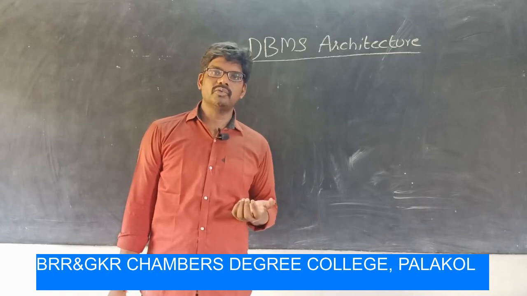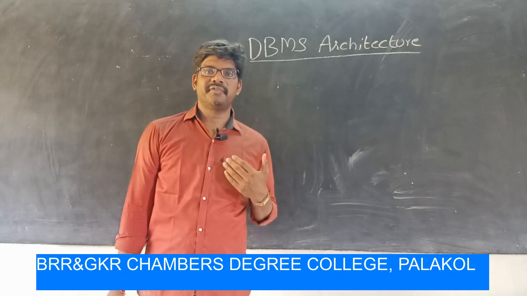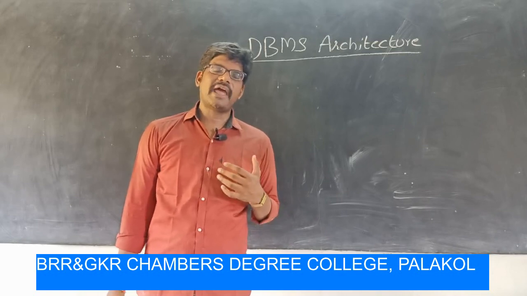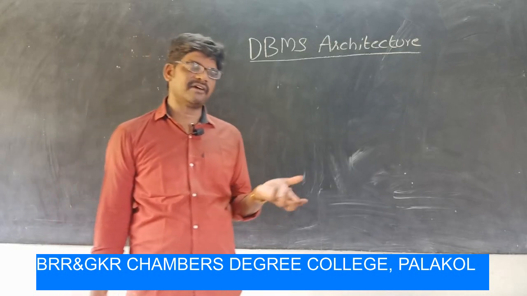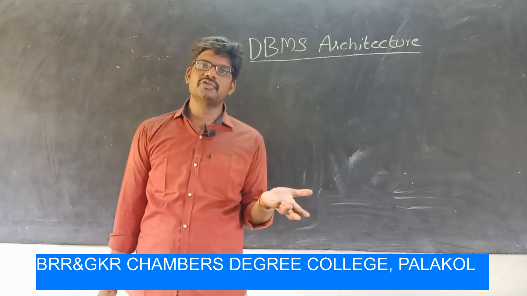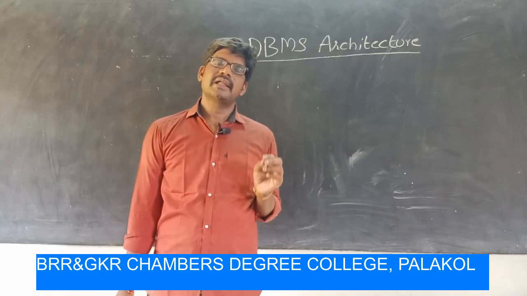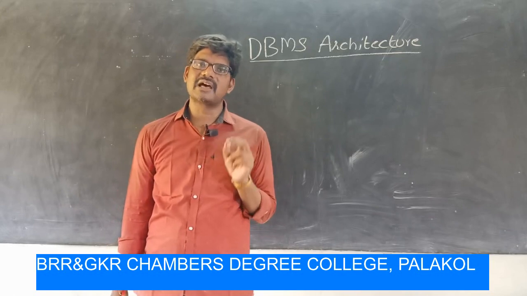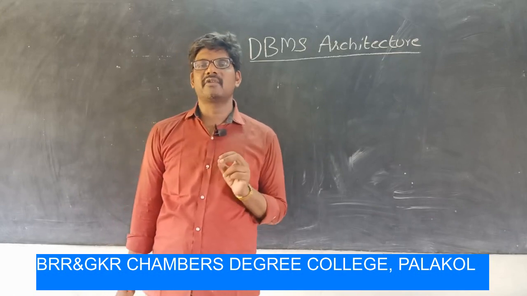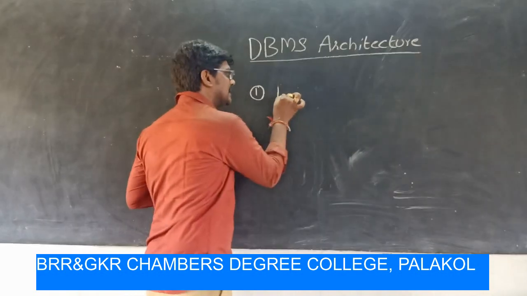We have to select the correct database architecture for quick and secure access of data. So if you want to access the data very quickly, we have to use the best architecture of the database. There are mainly three types of architectures involved in the database environment. What are they?